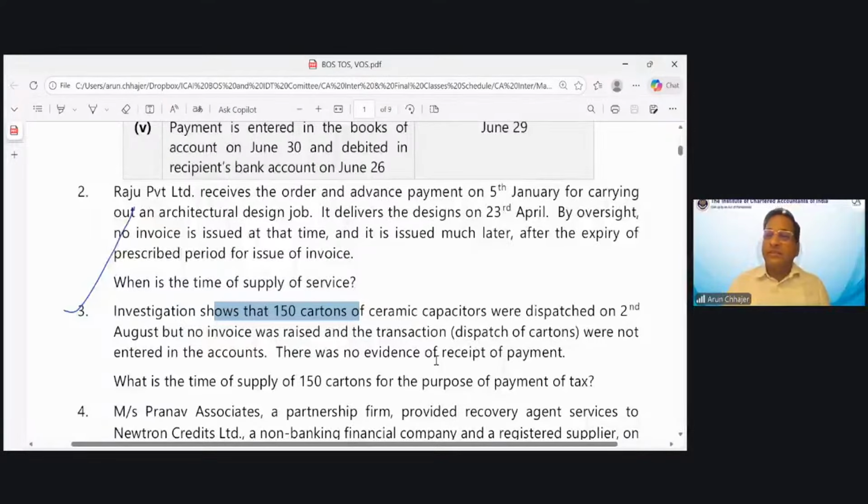You can say that because no date is given, time of supply will be 2nd August. It could be. Your answer could be correct, but what reasoning will you give in the exam? What is the reason that you will give?